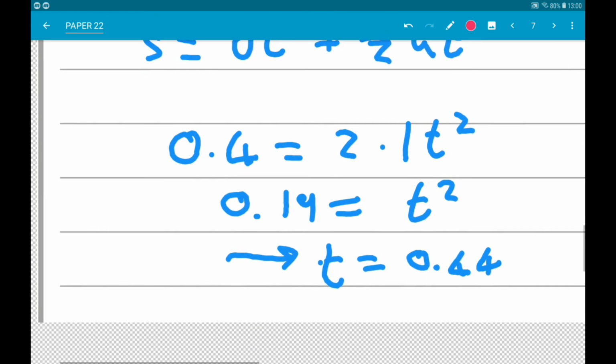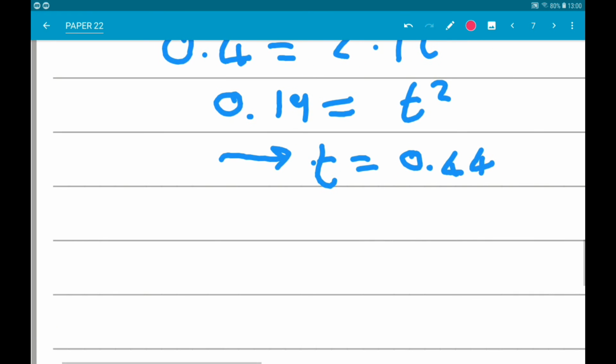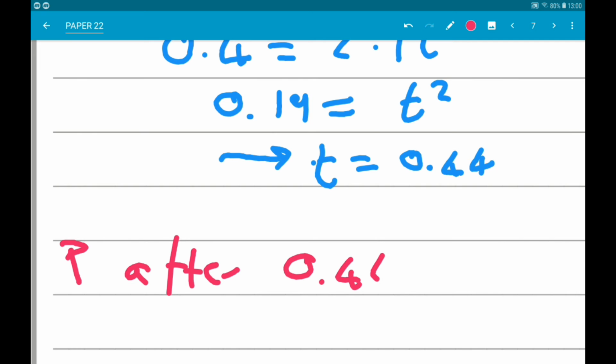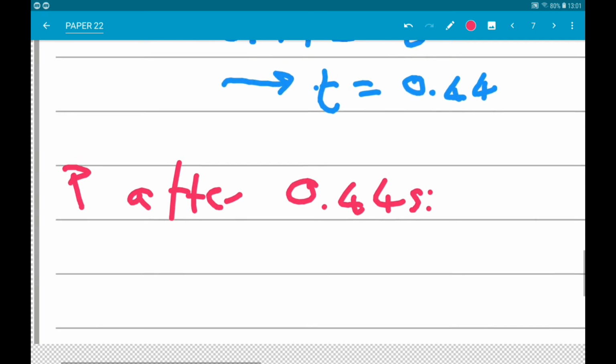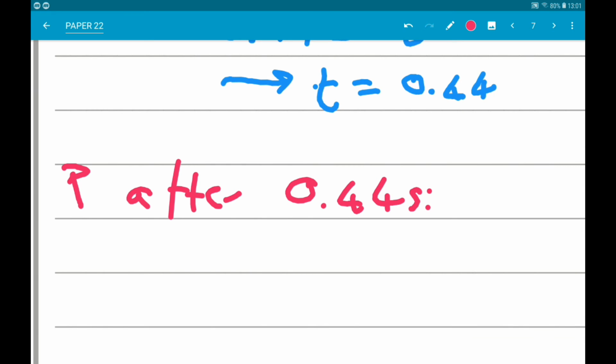Let's now say this is then P after 0.44 seconds. So, we need to know its displacement, but we don't know it. So we're going to work it out. We know u is 0.